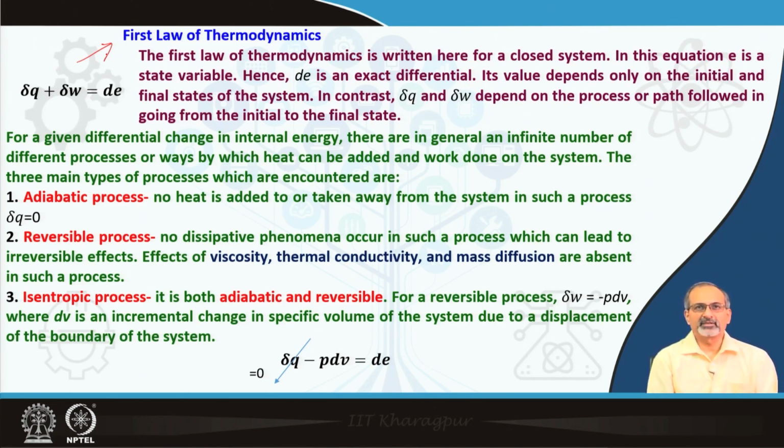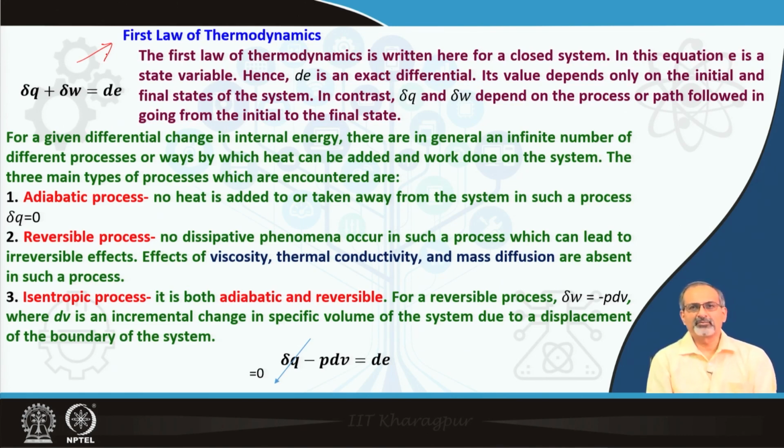The 3 main types of processes which are very widely encountered when we discuss compressible aerodynamics are the adiabatic process, where there is no heat addition or rejection from the system, therefore del Q is 0; a reversible process where there is no dissipative phenomena occurring which can lead to irreversible effects, such effects being due to viscosity, thermal conductivity and mass diffusion; and an isentropic process which is both adiabatic and reversible.